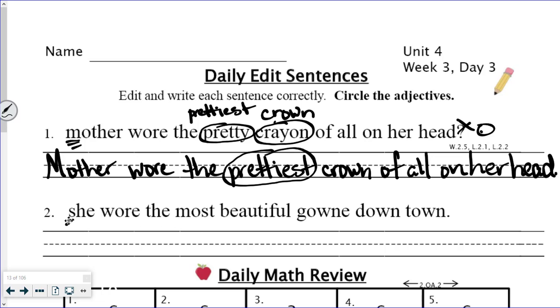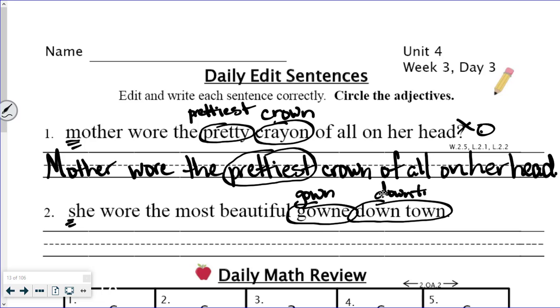Same thing, need a capital, right, at the beginning of a sentence or on names, right? She wore the most beautiful gown. Gown is spelled incorrectly. G-O-W-N. She wore the most beautiful gown, and then downtown is a compound word. So this should be one word.